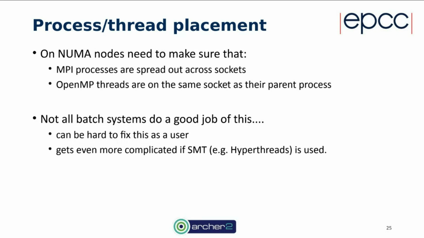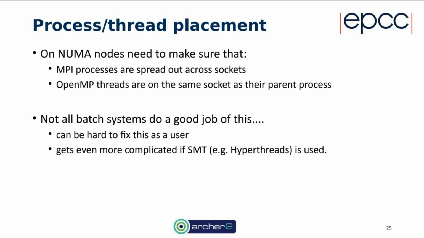This is largely under the control of the batch system, and if you're lucky, then the batch system on the machines that you're working on is well set up to cope with this. If it's not, then it can be a real problem to fix as a normal user and get the process and thread placement correct.